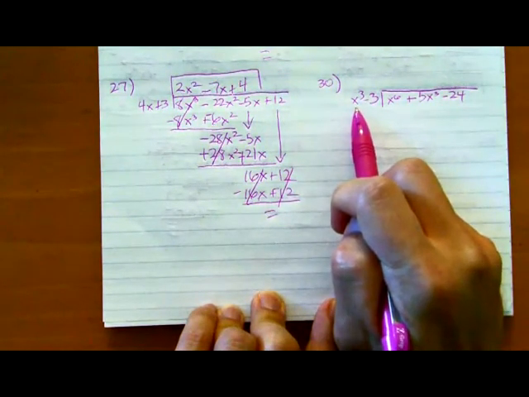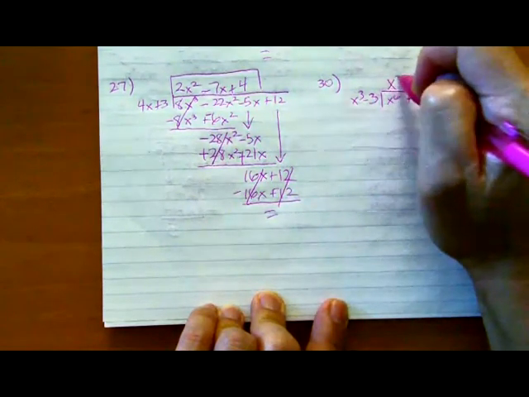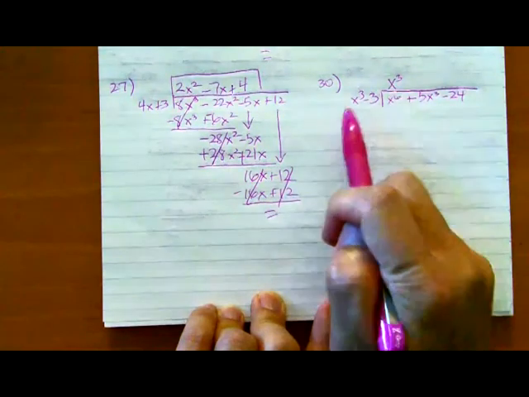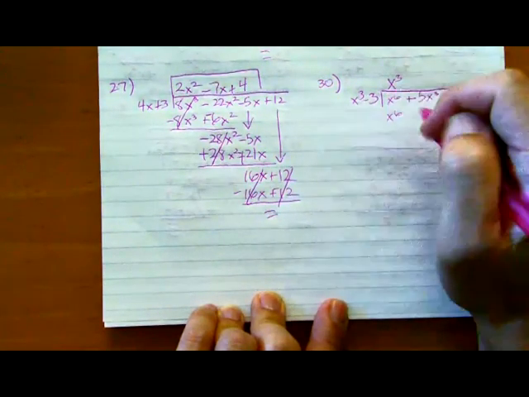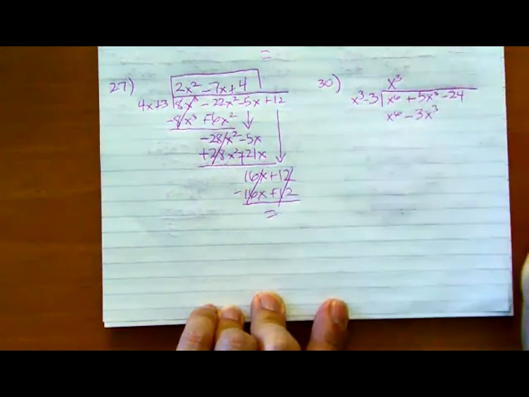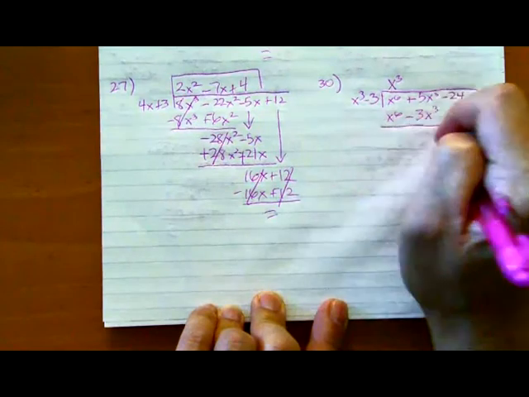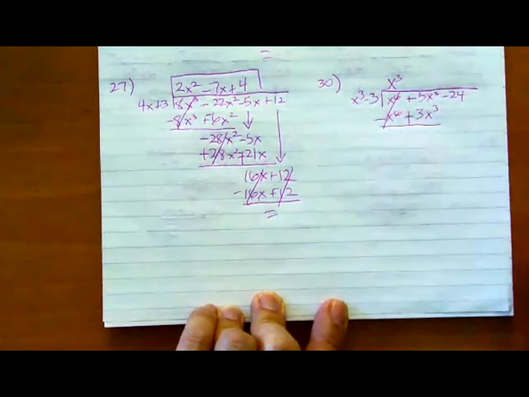Something times x to the 3rd will give us x to the 6th. X to the 3rd times x to the 3rd is x to the 6th. X to the 3rd times negative 3 is negative 3x to the 3rd. I'm going to subtract, so the signs change. That canceled.